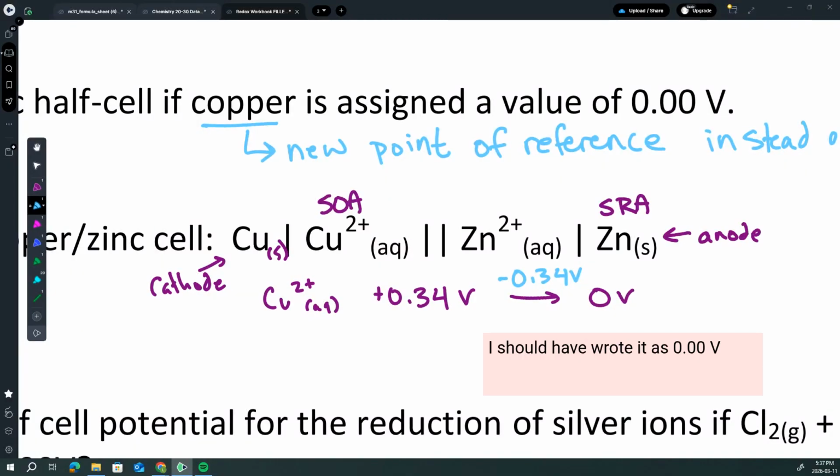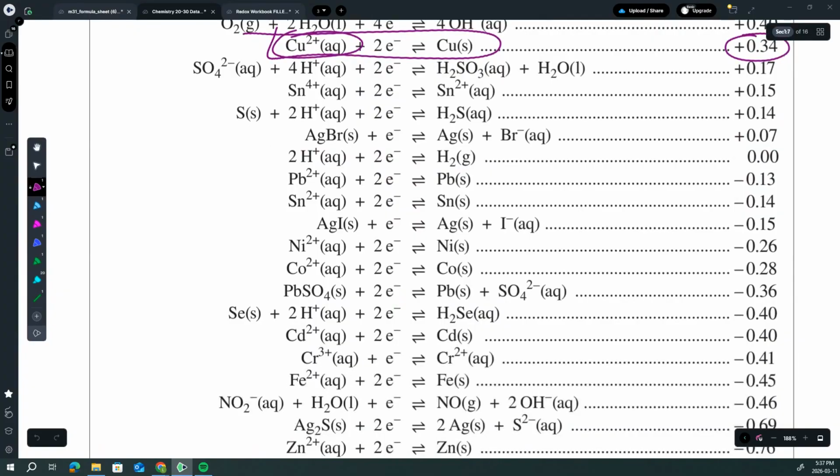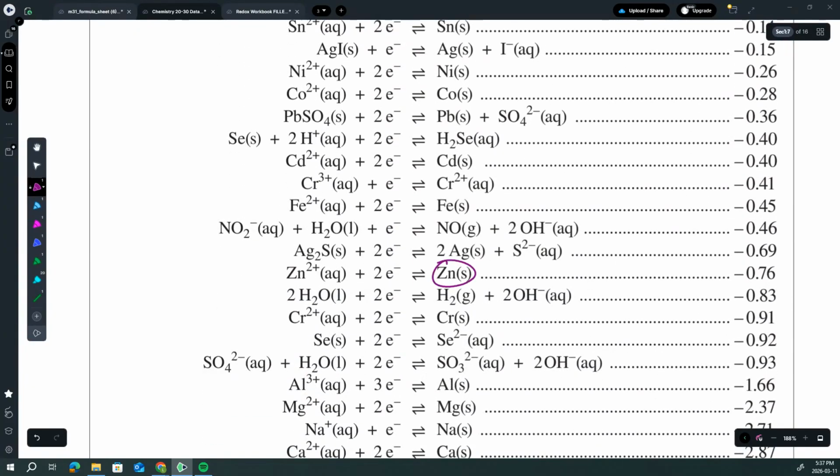Now for our SRA reaction, that was with zinc solid. Let's find that here. So zinc, that's right there. With hydrogen as the reference cell, its original reduction potential value was negative 0.76.